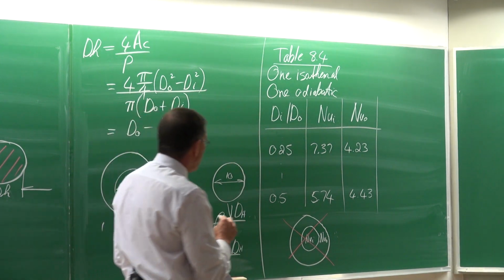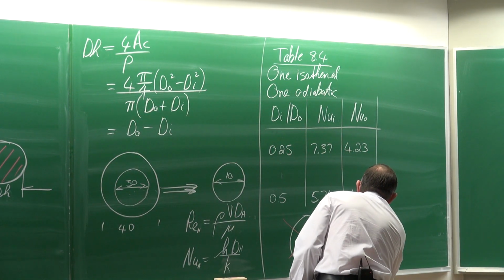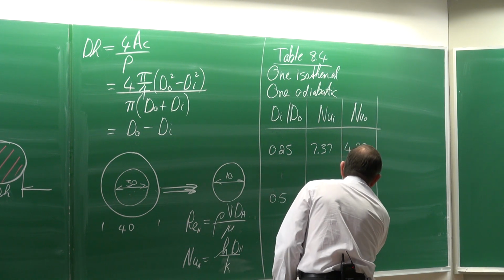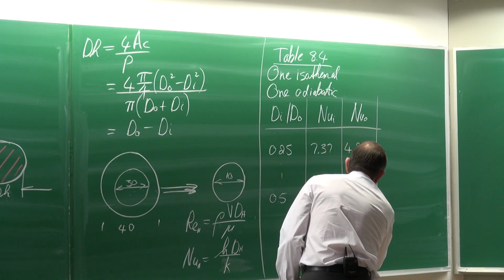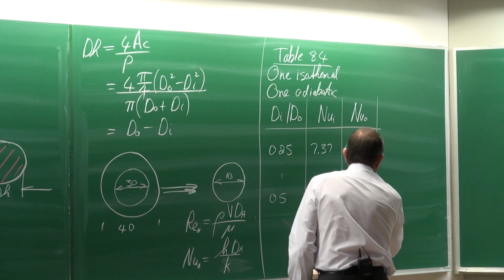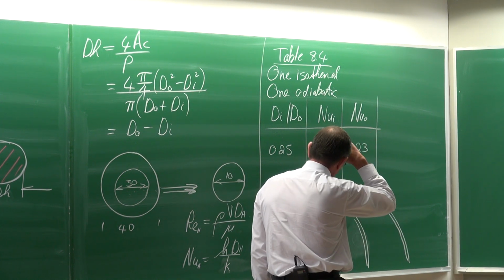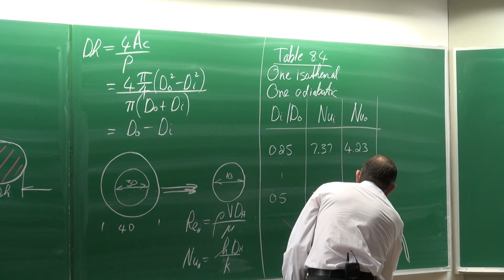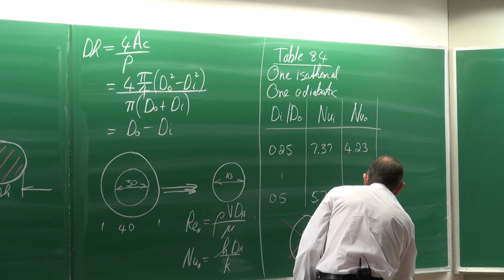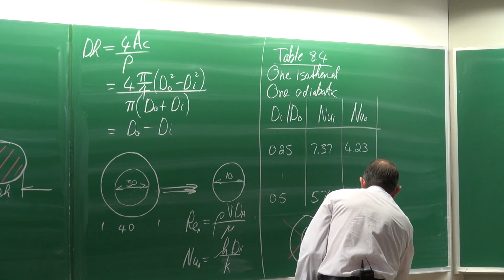What they mean with that is that this is the inner tube and that is the outer tube. Like that. So there is the inner diameter and there's the outer diameter.